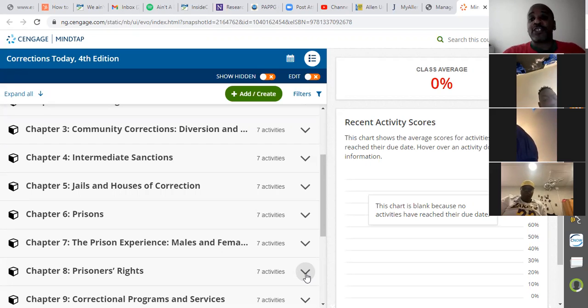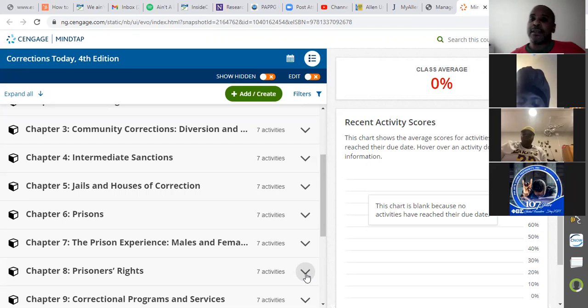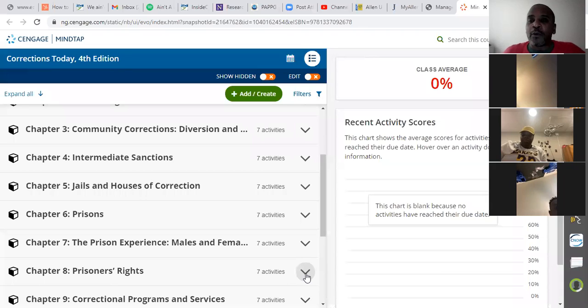So look, chapter 8 is going to break this down in detail for you. So when I ask this question on Wednesday, I expect y'all to be able to give me some very specific answers, okay? Another thing: when we have rights here as outside citizens, how do these rights get determined?